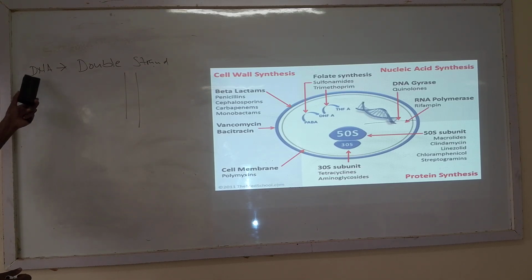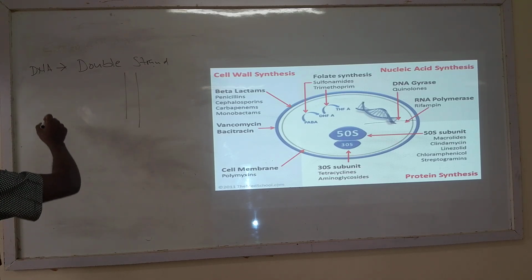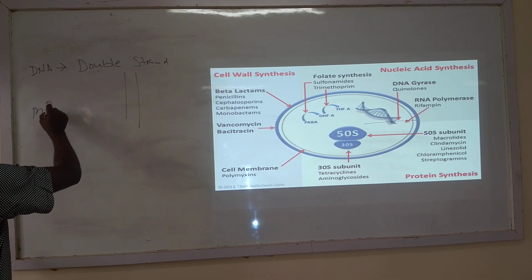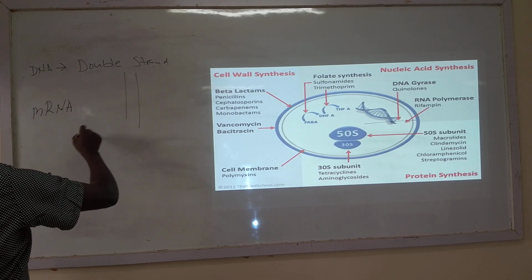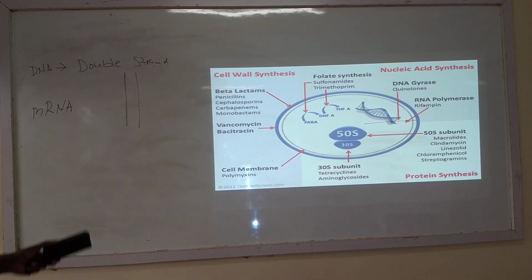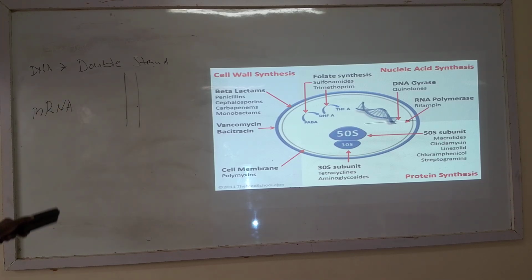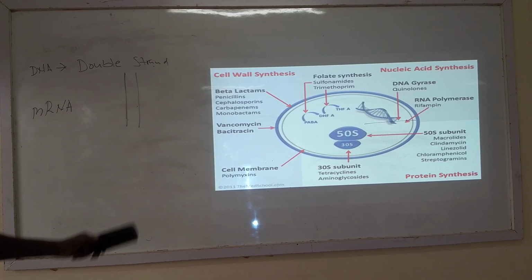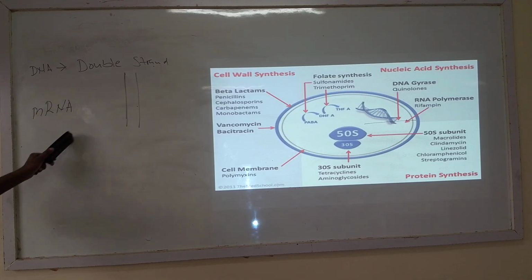So, for DNA to give information to messenger RNA, this double helix strand must open for this messenger RNA to be able to copy information from this strand, the information which is needed by the ribosomes to encode and produce specific proteins.